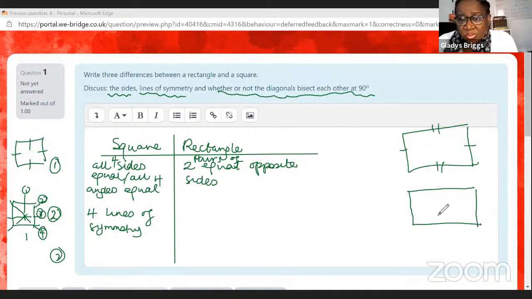You've only got 2, this one and this one. This one here is not a line of symmetry because the halves do not sit on top of each other. If you fold it into 2, you end up with something that looks like this, not overlapped. So a rectangle only has 2 lines of symmetry, whereas a square has 4.